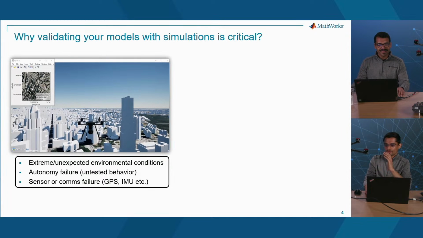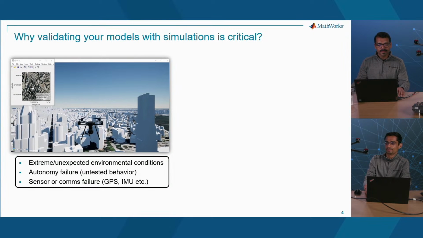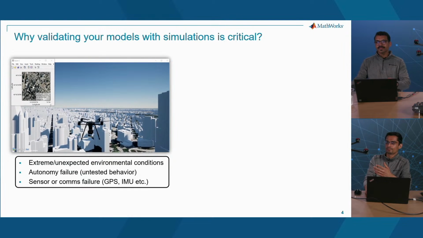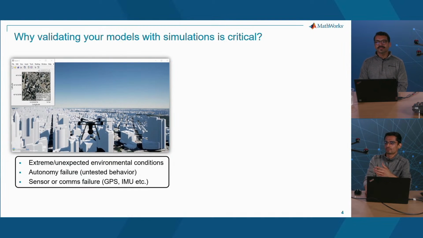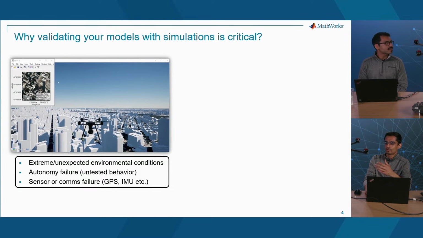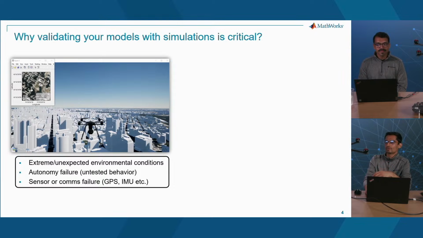So going into the why behind this live stream today. We really want to propagate the thought of the importance of simulations for validating and even before flying your drone out in the fields, why is it important to validate your models with simulations? So there can be a lot of different extremities, like unexpected environmental conditions.